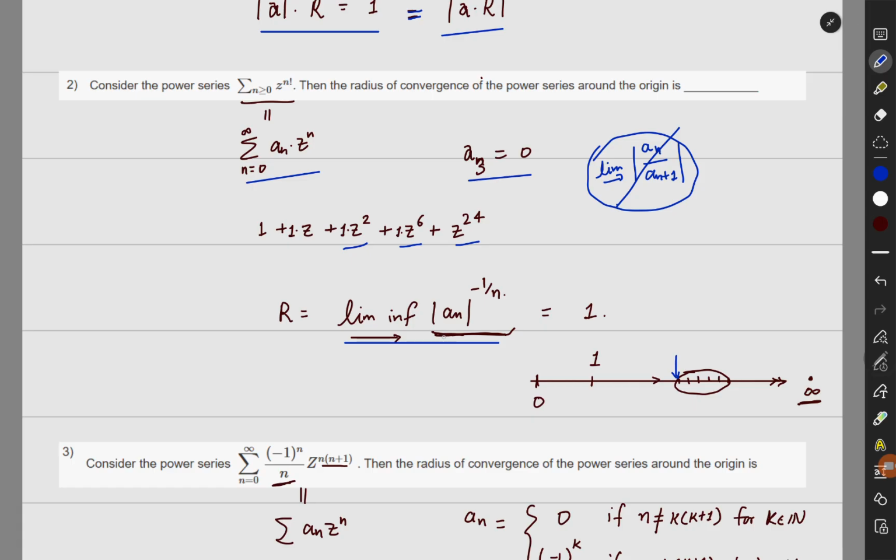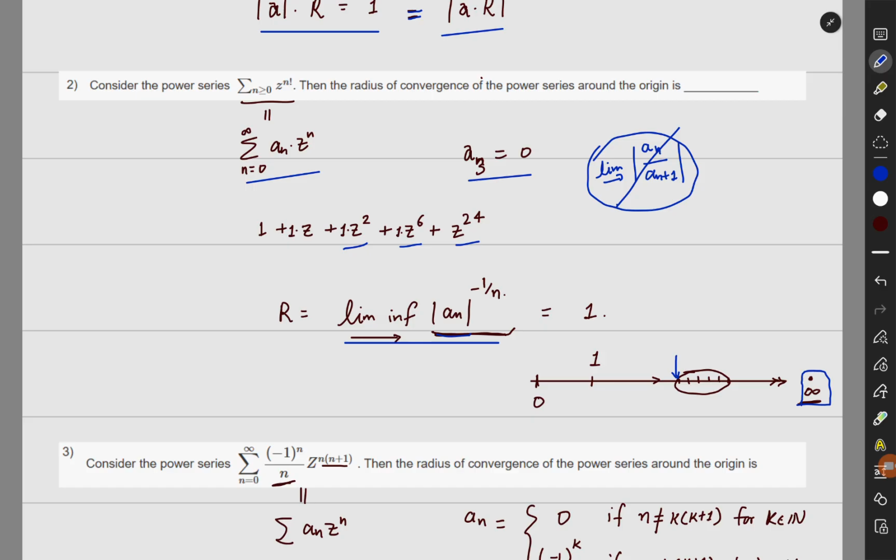When an is 0, 0 to the power minus 1 by n becomes infinity. But there are infinitely many terms which are non-zero, and we are going to focus on them. Because we want to calculate the limit, of course the limit is not infinity when it is bounded. Most of the terms are bounded, because an is equal to 1 whenever n is some k factorial.